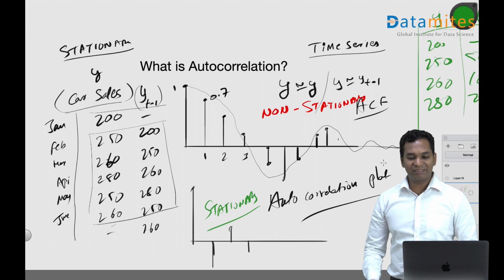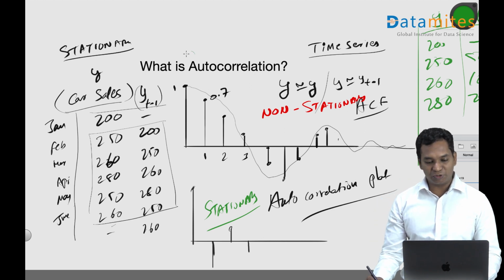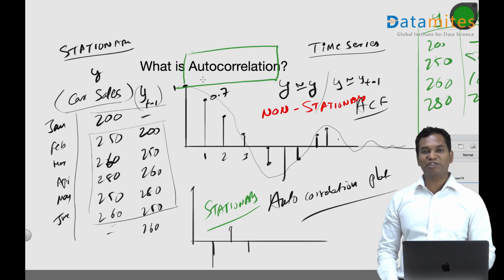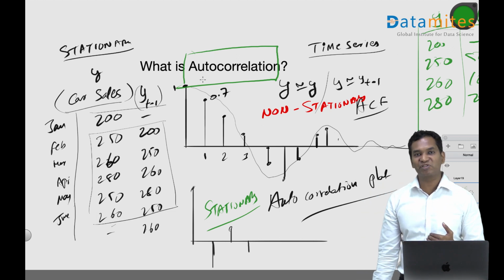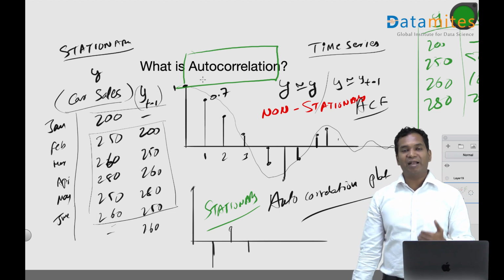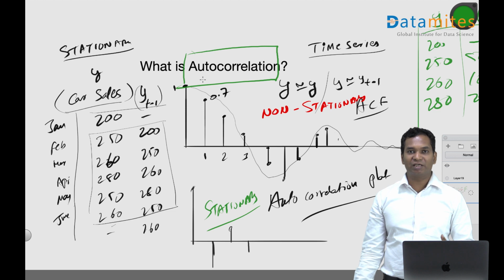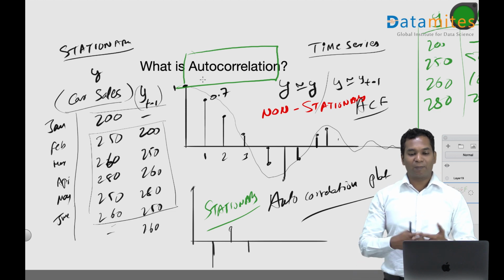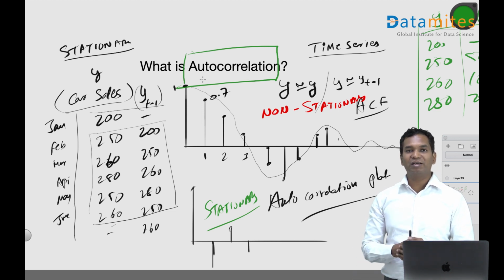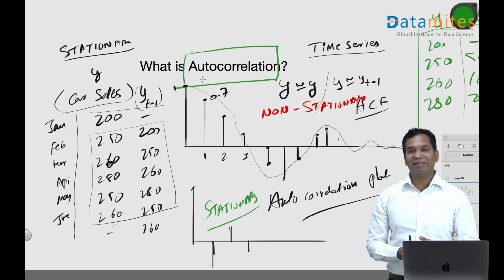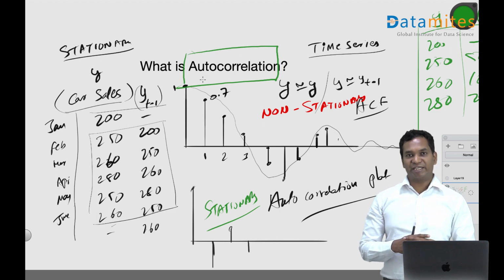All right, that's autocorrelation. And to summarize it very quickly, autocorrelation is related to time series forecasting, and it is used to plot the autocorrelation function plot, which tells you whether a data is stationary or not stationary.